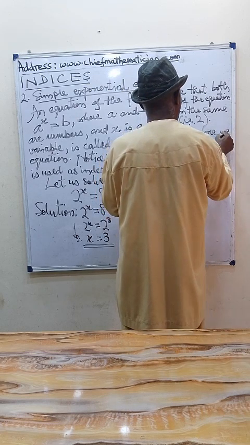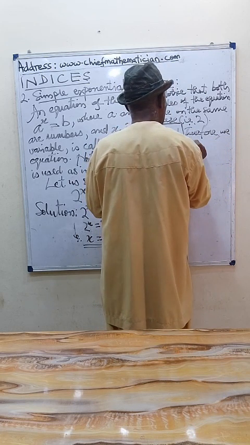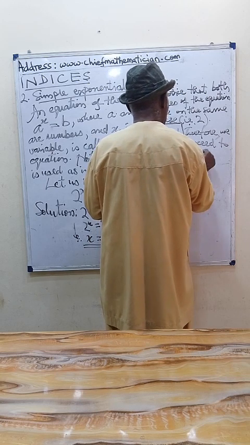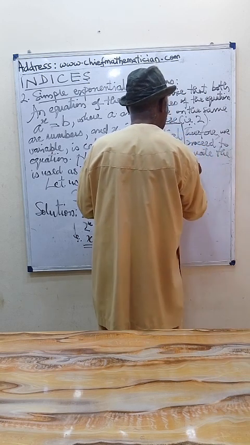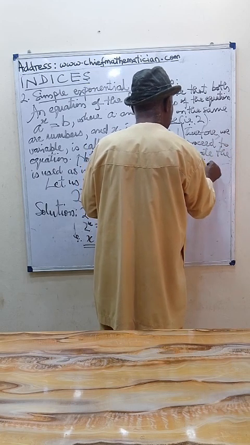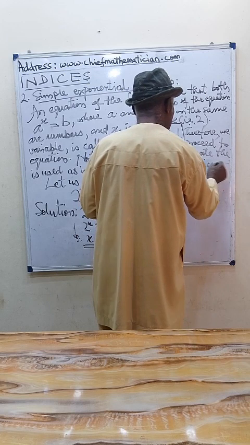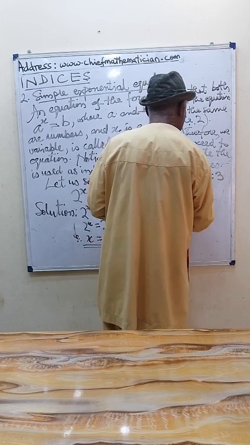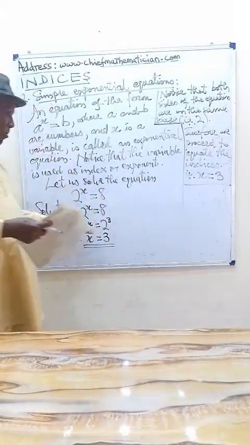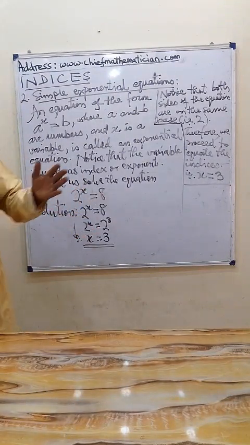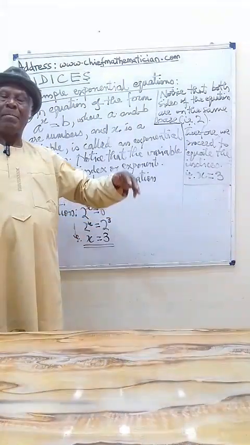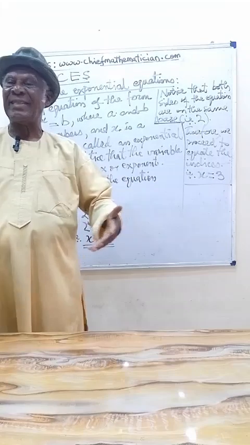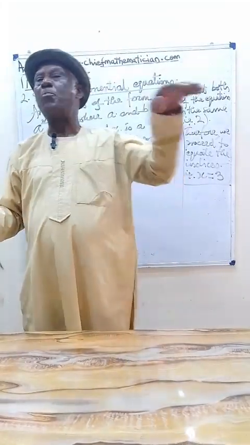Therefore, we proceed to equate the indices. That is, x is equal to 3. That is precisely what we did here. As soon as we establish the same base, both sides of the equation being on the same base, our next step is to equate the indices.